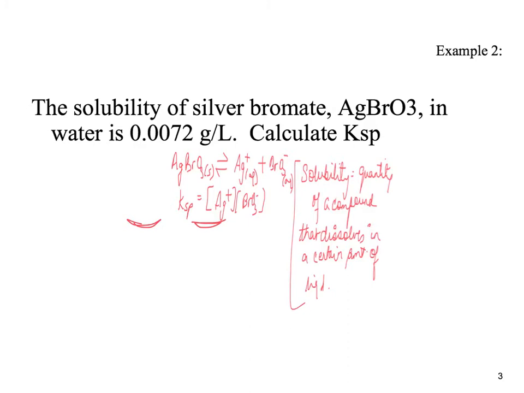So again, realize the solubility can vary. Solubility product is going to be constant at a given temperature. Now, I also mentioned solubility and molar solubility. Solubility is in grams per liter, whereas molar solubility will be in units of moles per liter. So it's like a molar concentration.